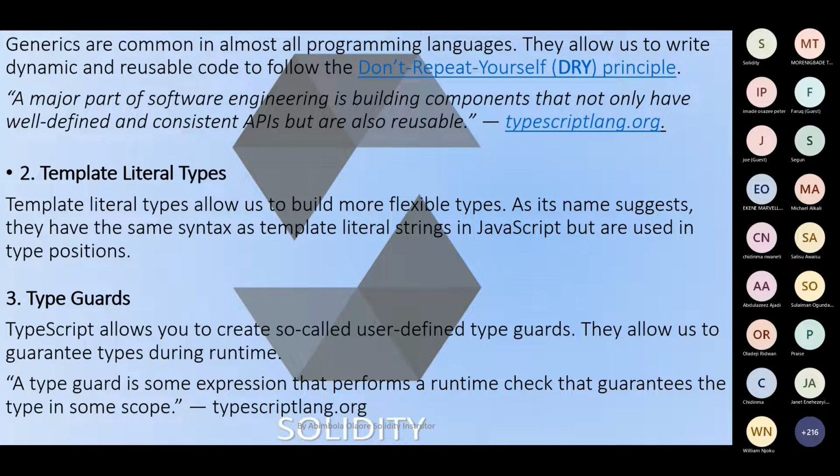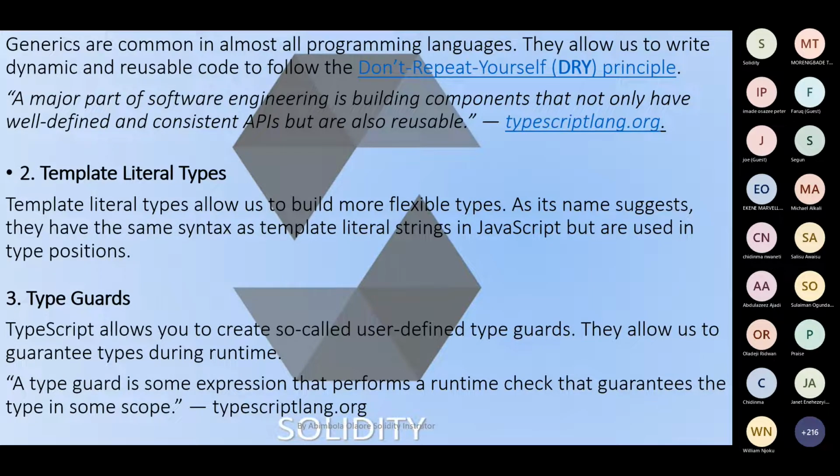A major part of software engineering is building components that not only have well-defined and consistent APIs, but are also reusable. You can check this code in TypeScriptLang.org. I put it there intentionally.